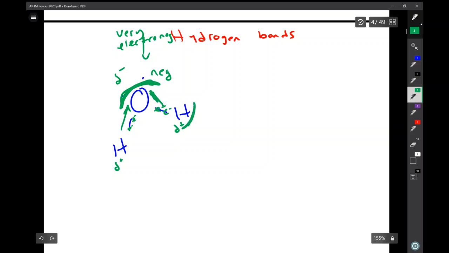So all you have here is a nice, strong positive charge. Sometimes they call this an exposed proton because you don't have any negative electrons shielding it. Just a nice plain old proton out there for the whole world to see.